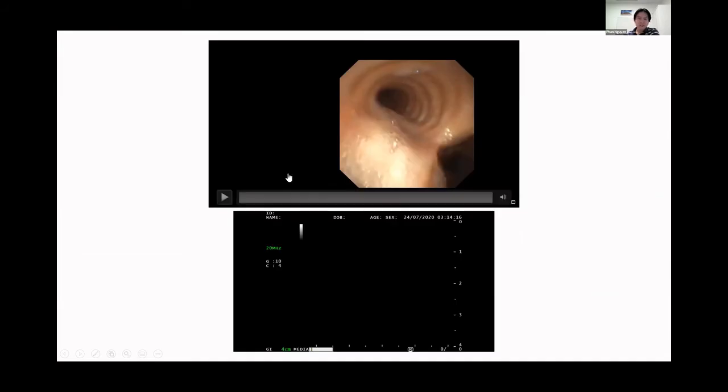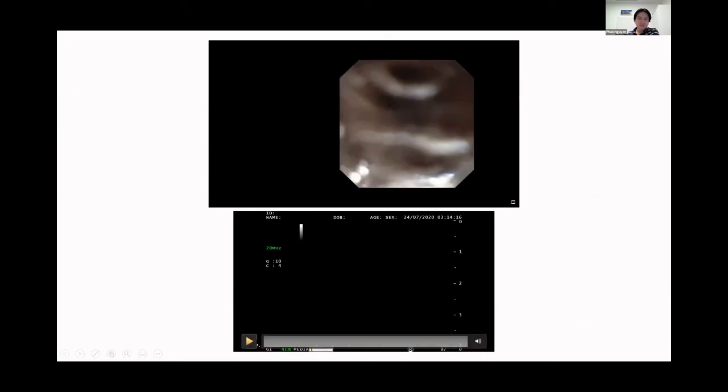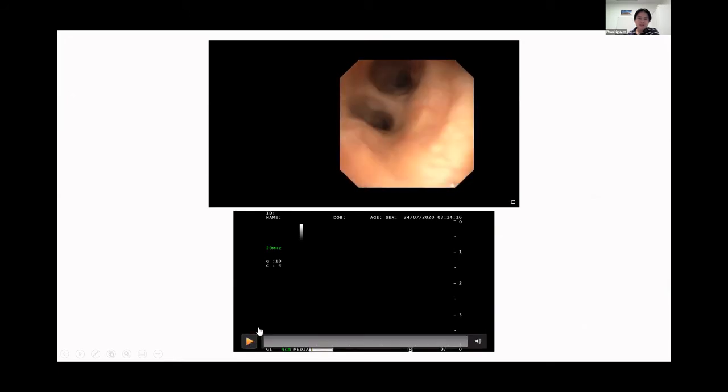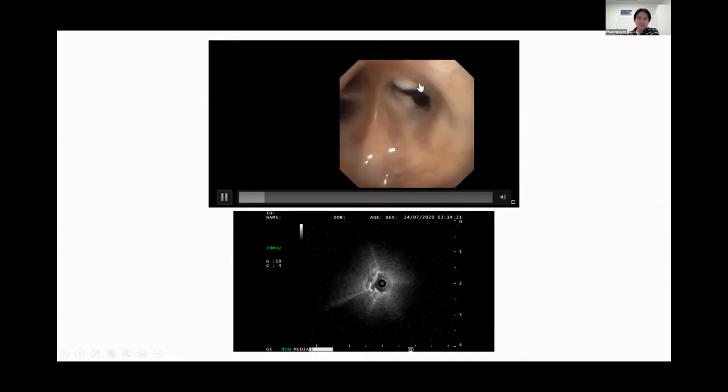So this is a quick video example of a left upper lobe lesion that we did. So I'll just walk down there. This is the endobronchial view, your left main bronchus, left upper lobe, lingula here, anterior segment here.